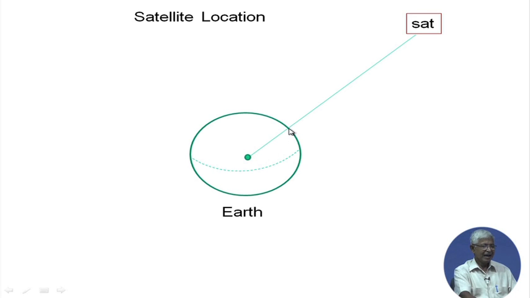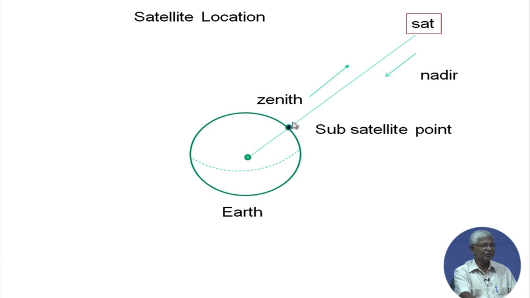If from the satellite we look towards the sub-satellite point, it is called nadir, NADIR, and if from the sub-satellite point we look at the satellite, it is called zenith. These two terms will come when we talk about the antenna.